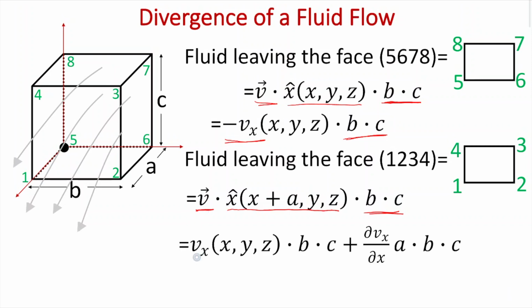Now this is equal to Vx times the area plus del by del x Vx times a. So this is the change in velocity with respect to x, and what is the total velocity that changed in the distance a. So this whole thing gives us the change in velocity of the fluid when the fluid is traveling the distance a, and then we multiply by the area.